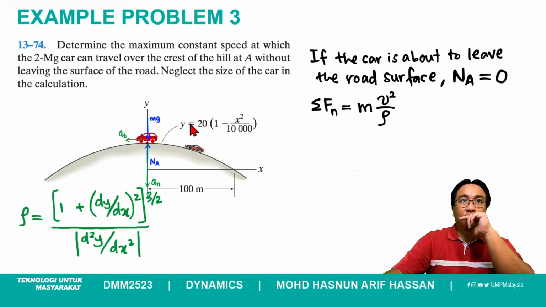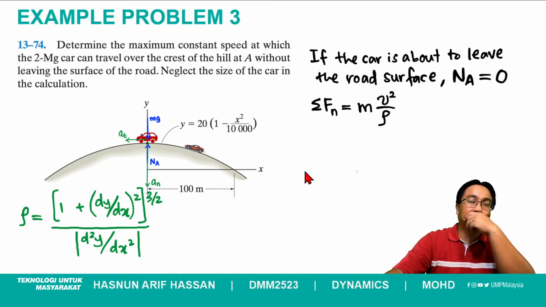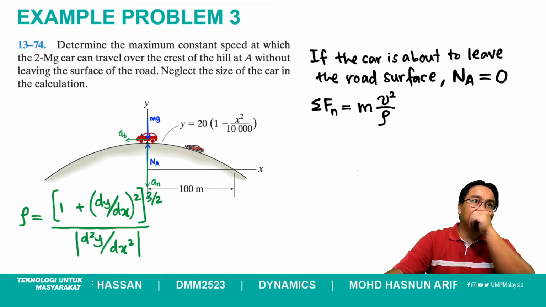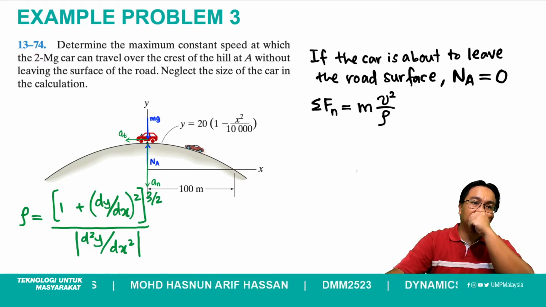No. If you differentiate dy over dx, what will be on the right hand side? dy dx equals x over 250. x over 250. How did you get x over 250? There's a negative in front. Negative x over 250. Yes.